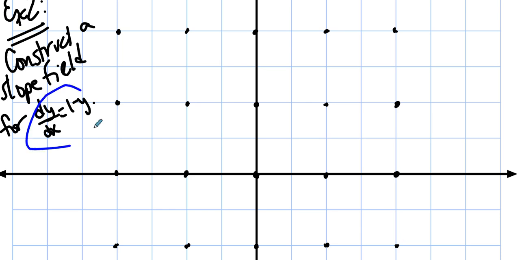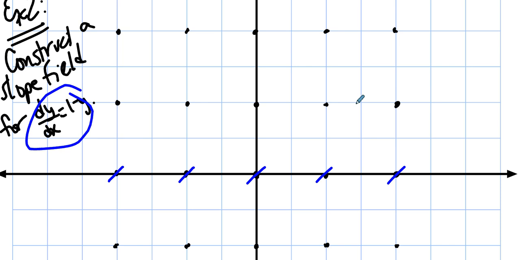So this is the derivative. Where y is 0, the derivative is 1. So everywhere y is 0, we draw lines with a slope of 1.